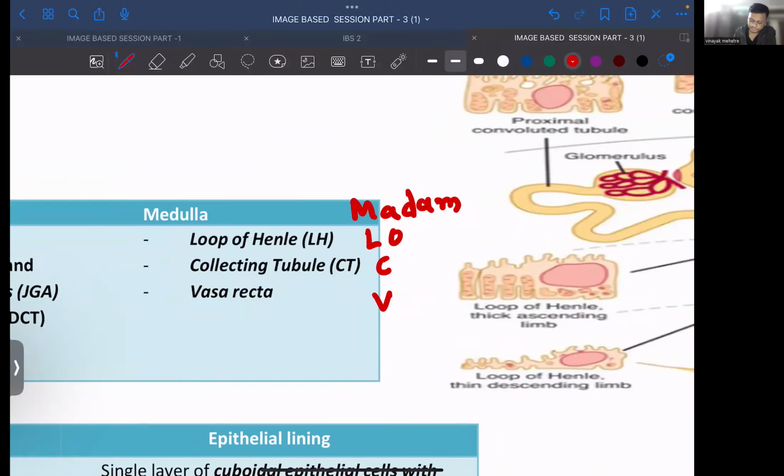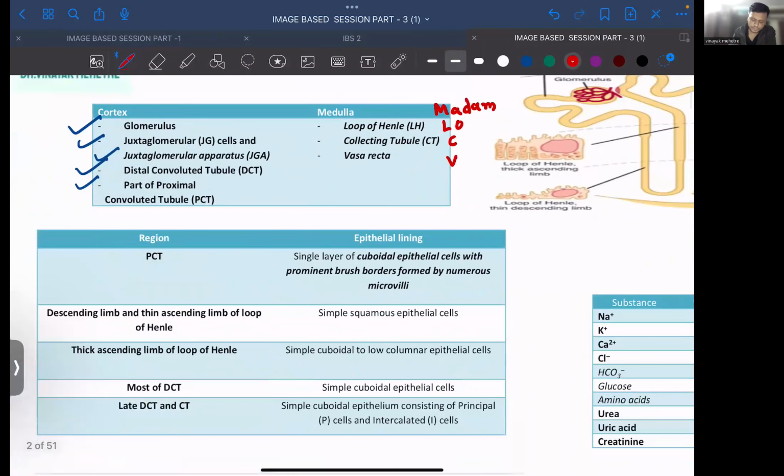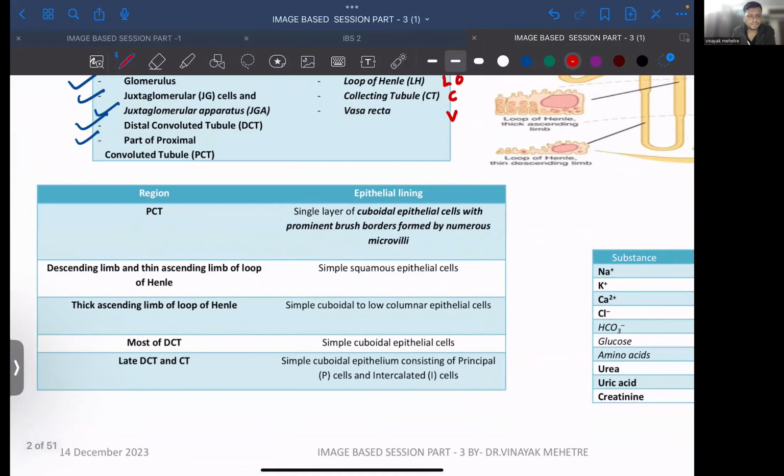Now comes the other question: epithelial lining in the nephron. PCT has cuboidal epithelial cells. Descending limb and ascending limb, that is the part of loop of Henle, have simple squamous epithelial cells.